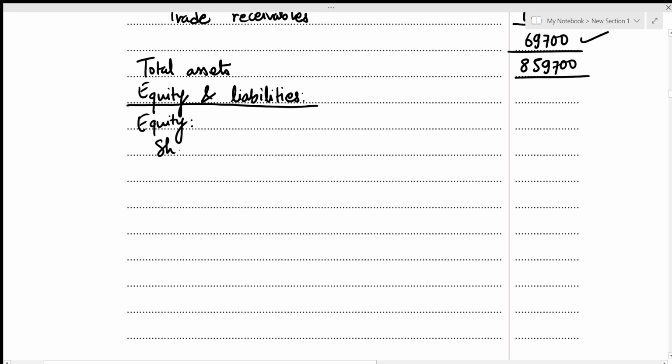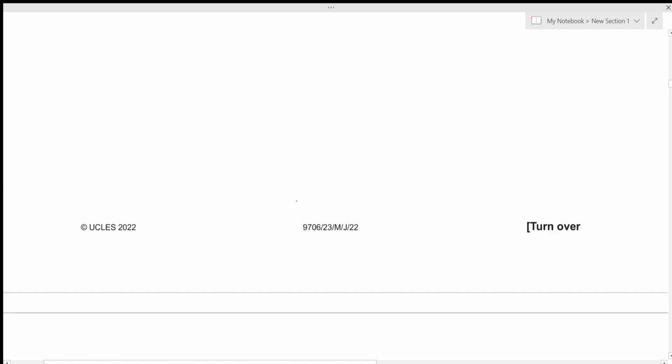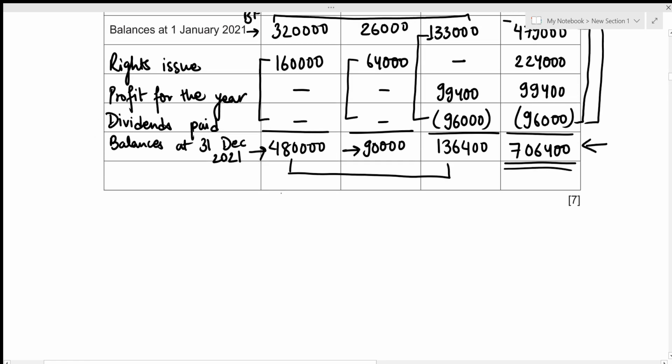We have share capital, share premium, and retained earnings. Okay, let's have a look at our statement of changes in equity to write down the amounts.